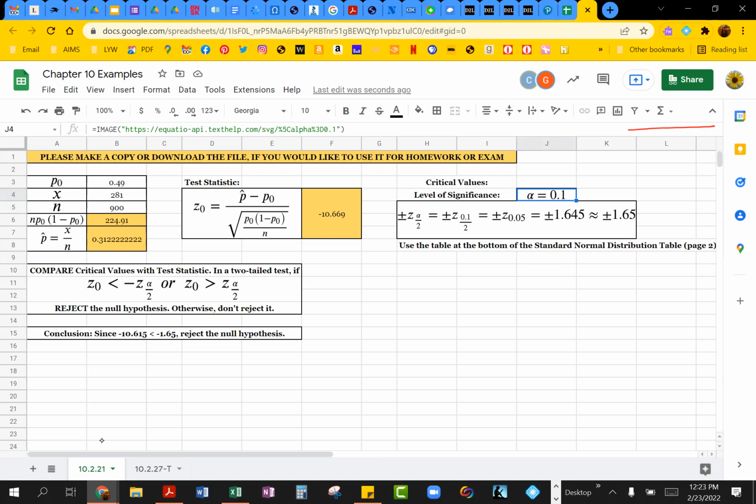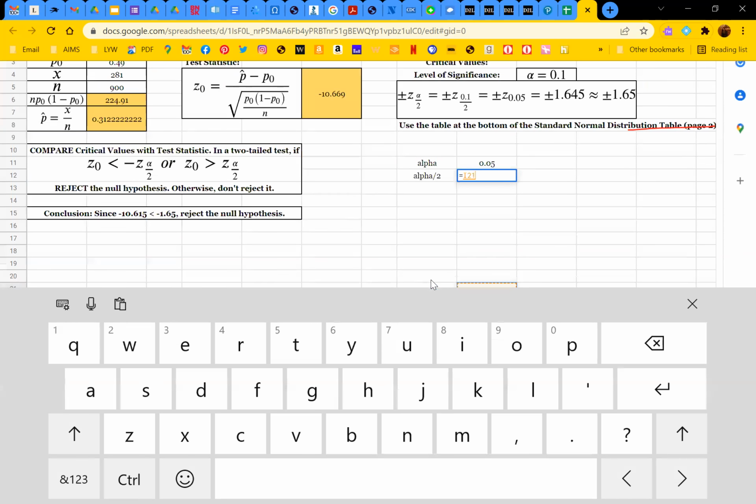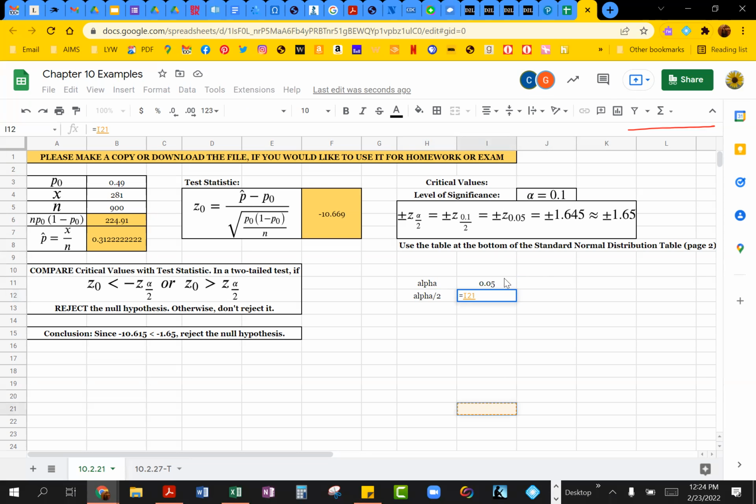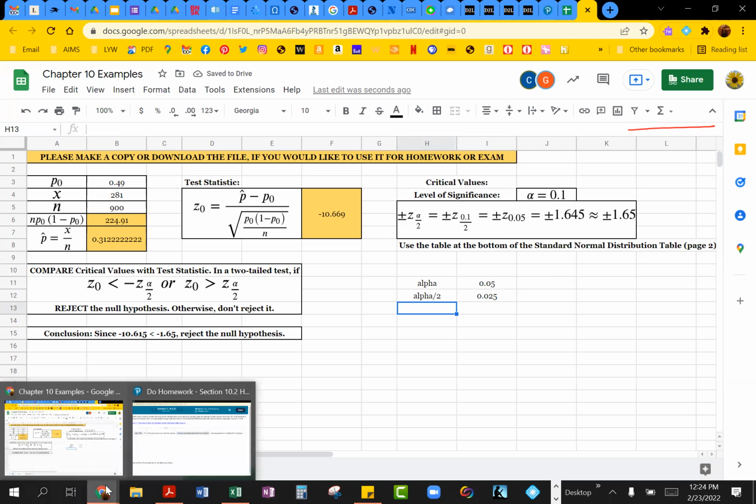I don't know why I have that typed in, because obviously that changes with each problem. So this will need to be changed because I think I left it at a different level of significance. So for now, our alpha is 0.05. So of course, alpha divided by 2 will then be 0.025. So that's what we're going to need.